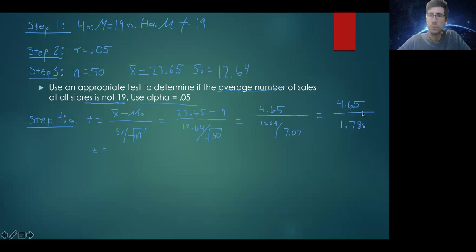And then finally, if we divide 4.65 by 1.788, we get a t-value of about 2.6006, so we'll just leave it at 2.60.